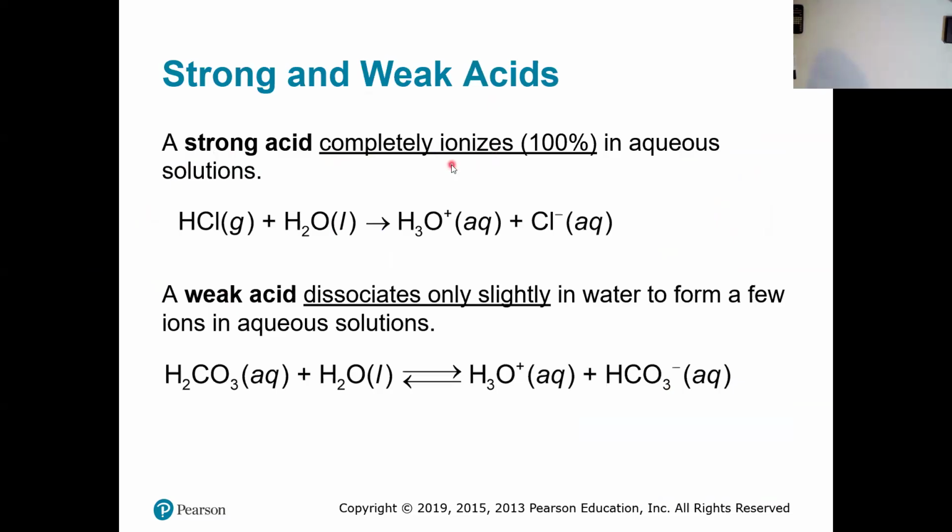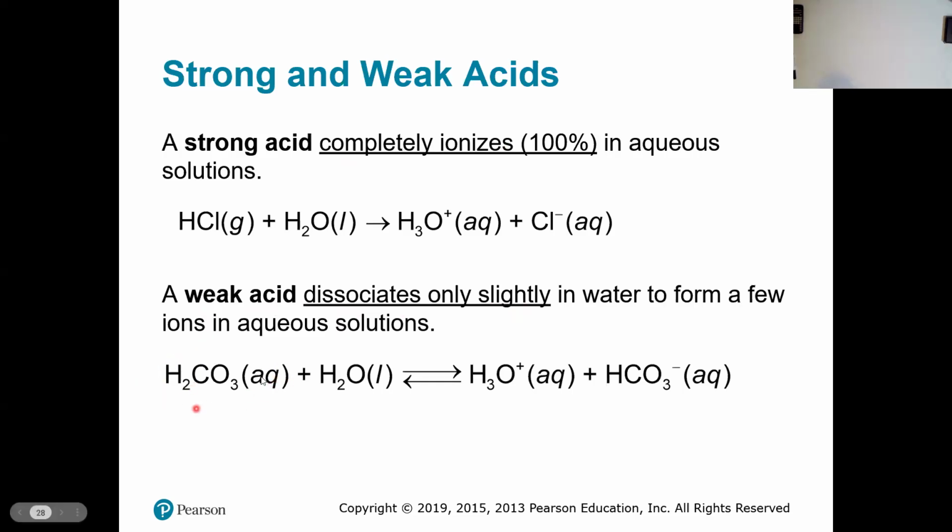We've talked about this before when we were talking about electrolytes. Strong acids are strong electrolytes for that reason, because they're going to completely ionize in solution. Your weak acids are only going to separate partially, slightly. They're only going to form a few ions in aqueous solution, and the rest will stay in their molecular form.